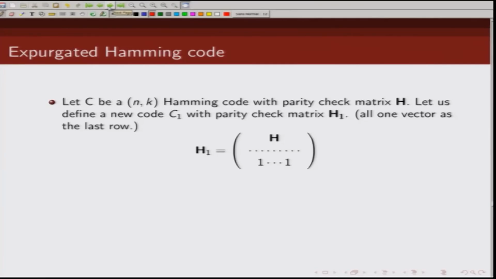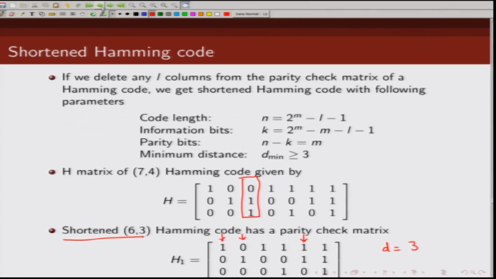Another class of codes is what is called expurgated codes. So, what is an expurgated Hamming code? If H is the parity check matrix of the Hamming code, then I define a new parity check matrix which has all ones as the last row. Now, note the parity check matrix of the Hamming code does not have all ones.